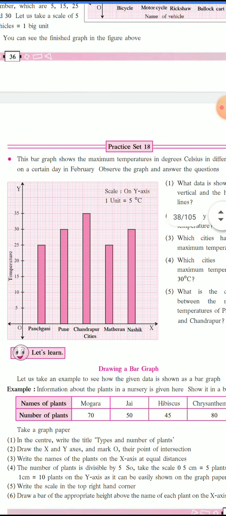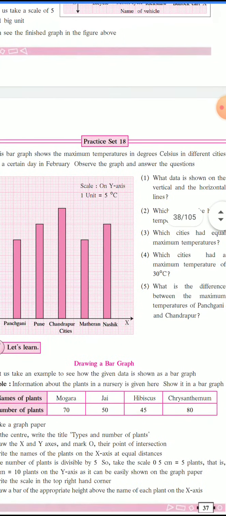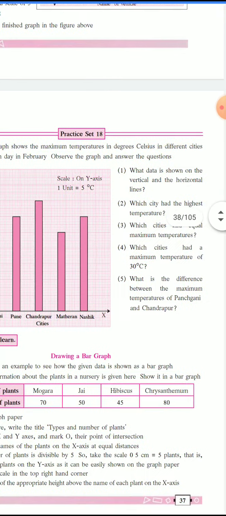So the answer is Pune and Nasik had equal maximum temperature. Next, which cities had the maximum temperature of 30 degrees Celsius? So again your answer will be Pune and Nashik.